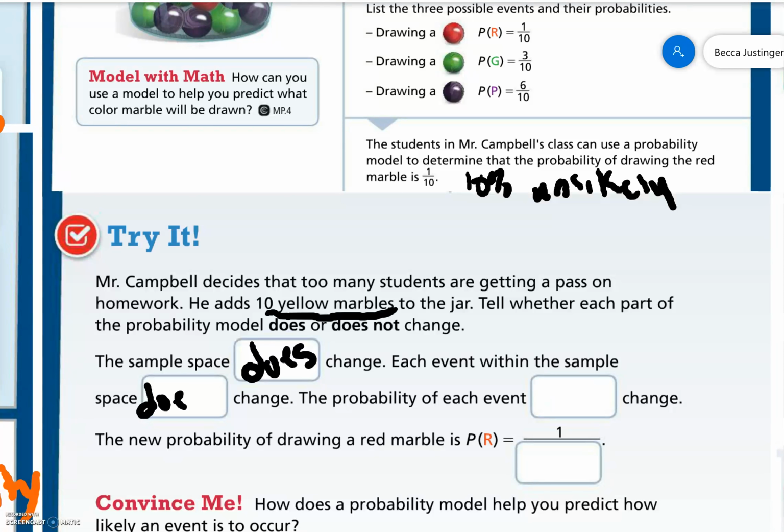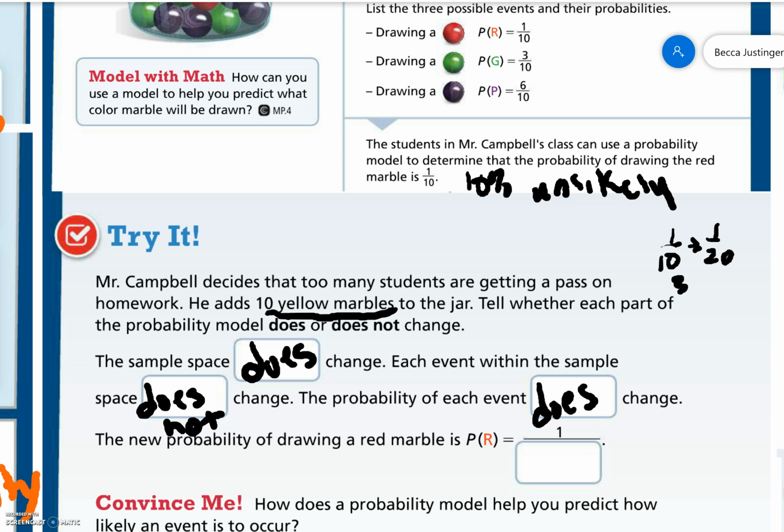It doesn't change the amount of red we have. It doesn't change the amount of green or purple. But the probability of each event does change, because now instead of being 1 out of 10, it's going to be 1 out of 20 for the red.